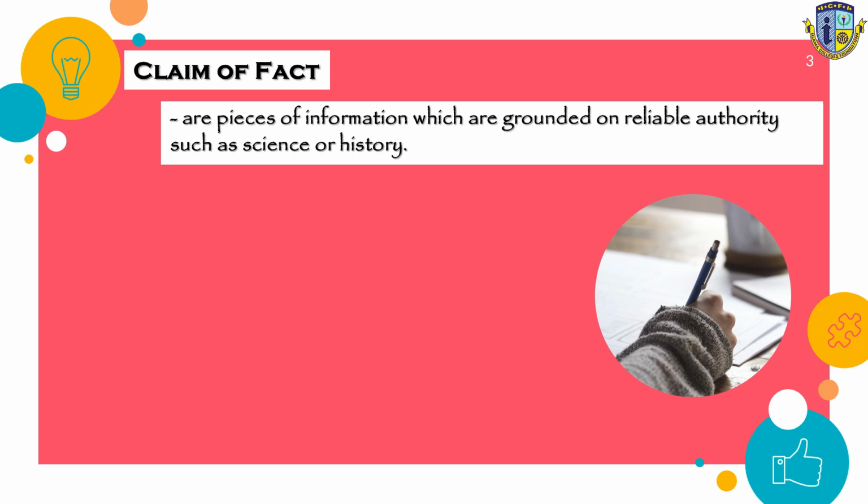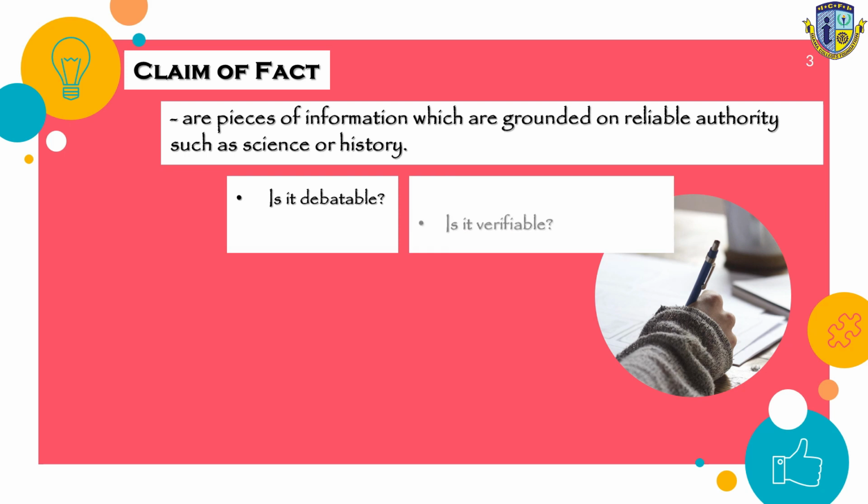And to verify whether these statements are claim of fact or not, we need to ask these questions. The first one is, is it debatable? The second one, is it verifiable? The third one, is it specific? And lastly, can it be solved objectively?